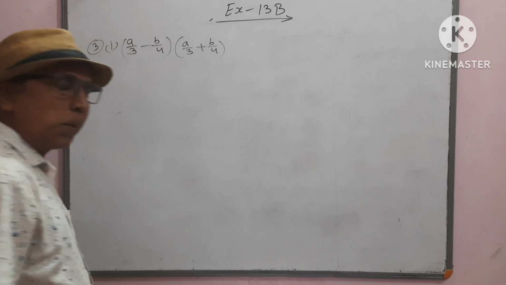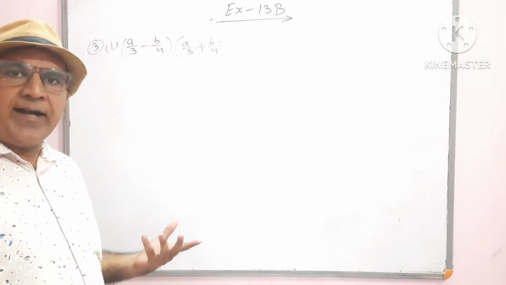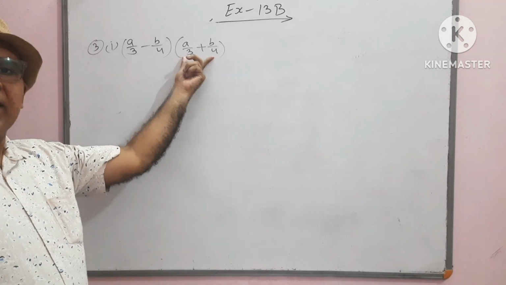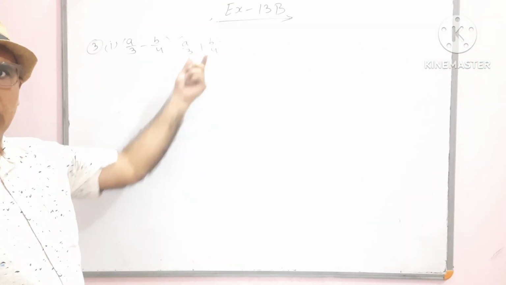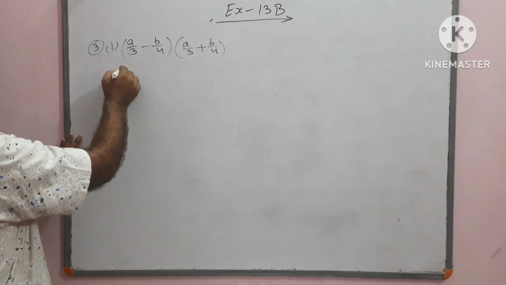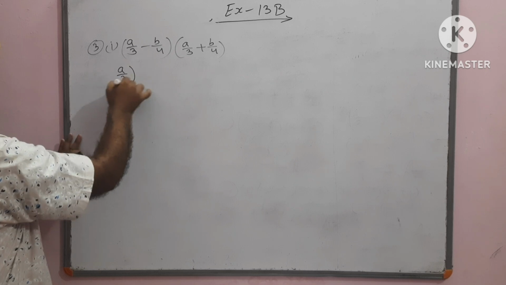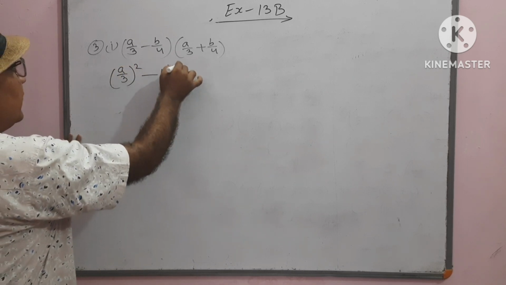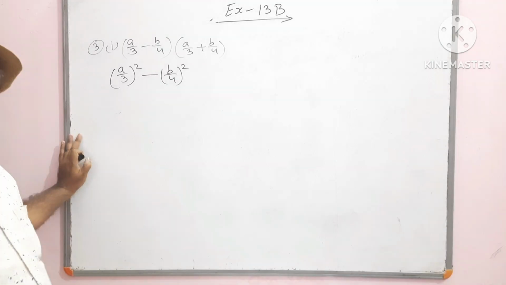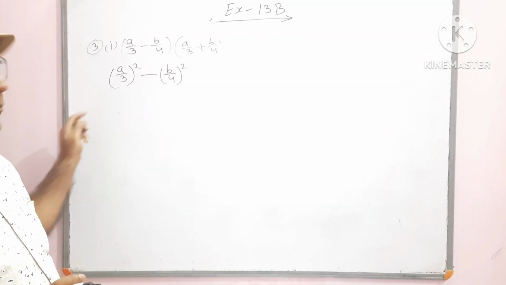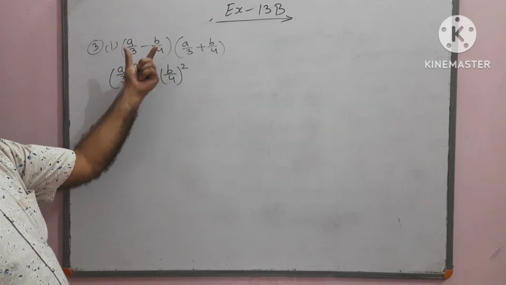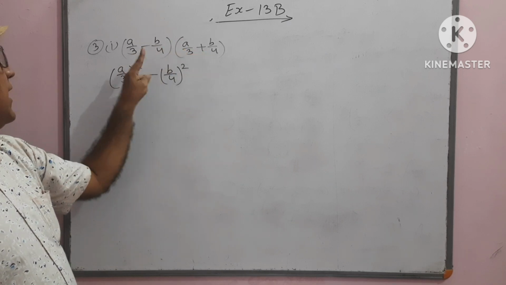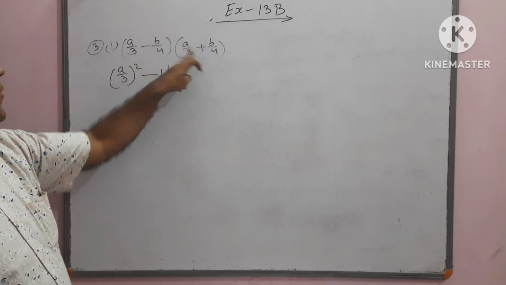So see, again we will use the same identity. If you compare it, a minus b and a plus b, this is looking like that. So what we can write? We can write here a by 3 whole square minus b by 4 whole square. Understood why I am doing this? Because in the two brackets, first term is same, second term is also same, and between them the signs are opposite.